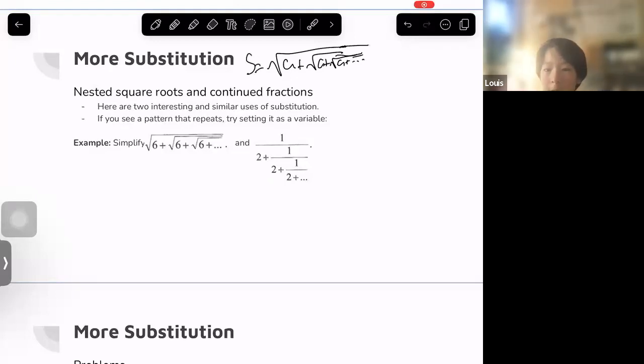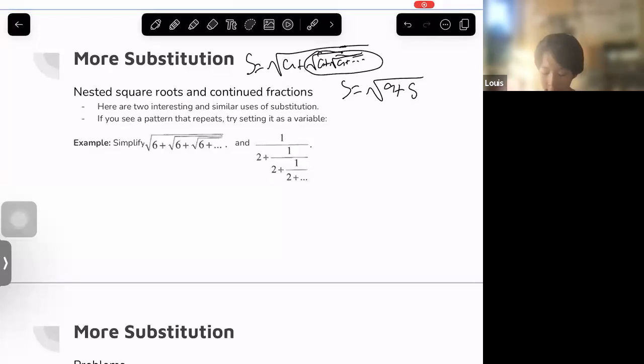What can you say about this? This is also s because infinity technically equals infinity minus 1. So s would just equal square root of a plus s, and then you can just square both sides and solve the quadratic.